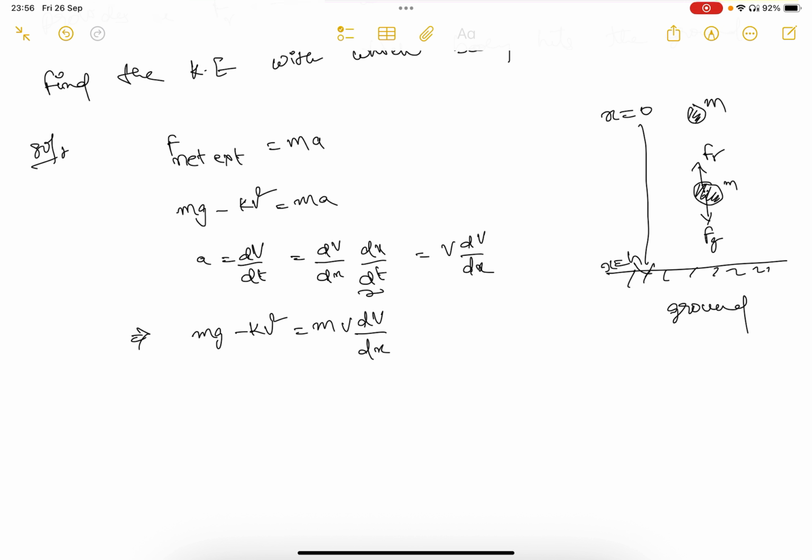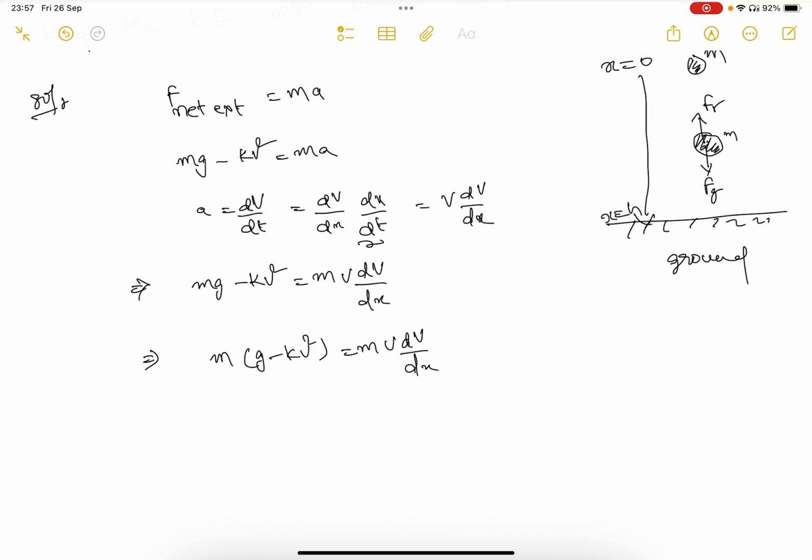So let's do some calculations here. Simplification: if you take m as common here, then this will be m into g minus k v square equal to m v dv by dx. Sorry, here it's k by m, right? There is no m here.